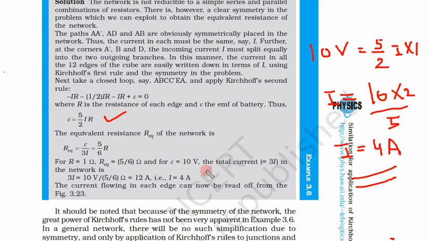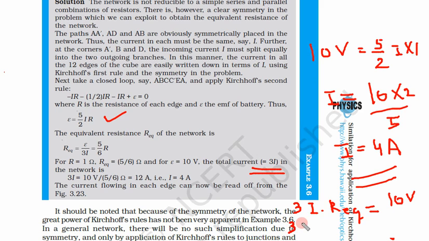Now let us calculate I from R equivalent. The total current in the circuit was 3I, so 3I into R equivalent must be equal to 10 volt.